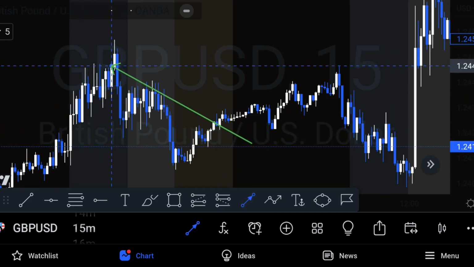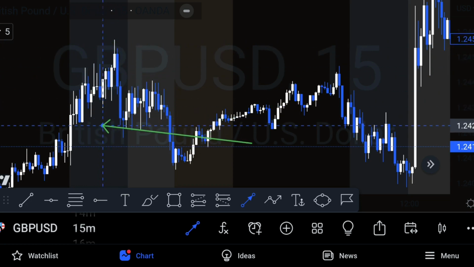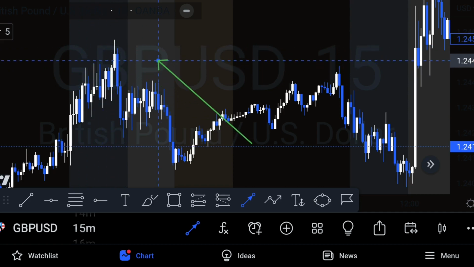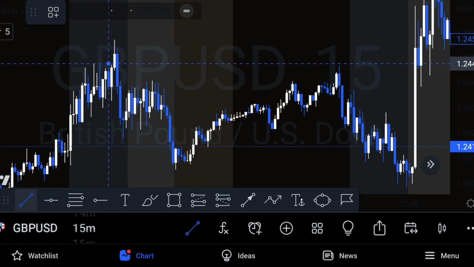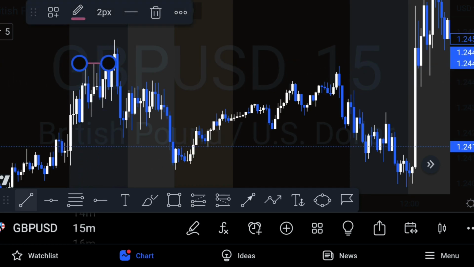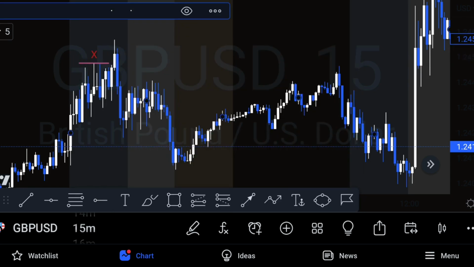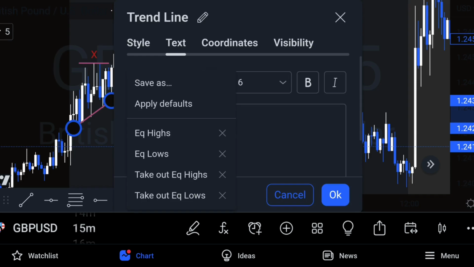Price was moving up, and then we had price push down. First of all, this move up had liquidity in here, which price took out. The price took out that liquidity, and also we had liquidity in this trend line right here.